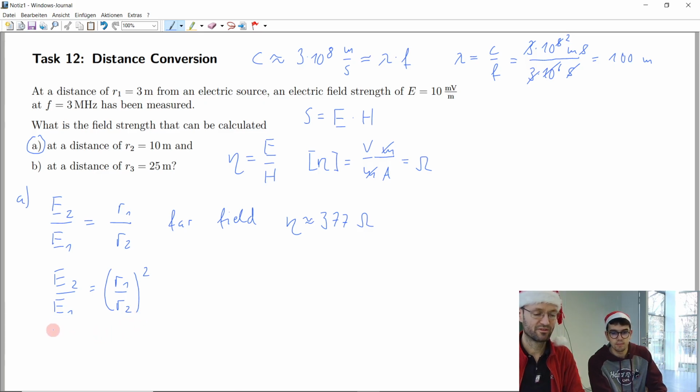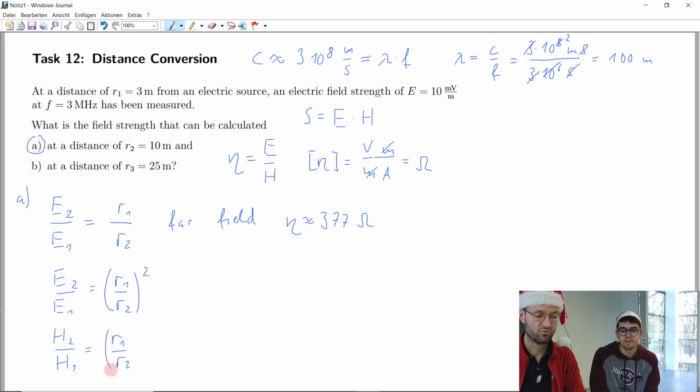We will think about this in a second. In the near field, we also have a similar formula for the magnetic field. I will also write it like this: H2 divided by H1 is R1 divided by R2. And there is also some exponent here.